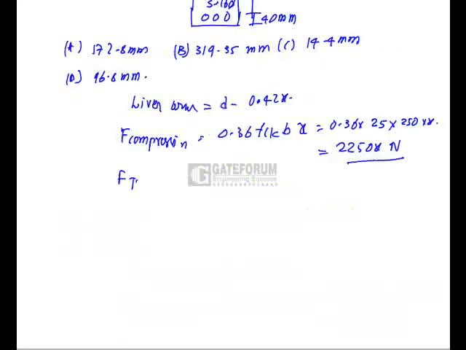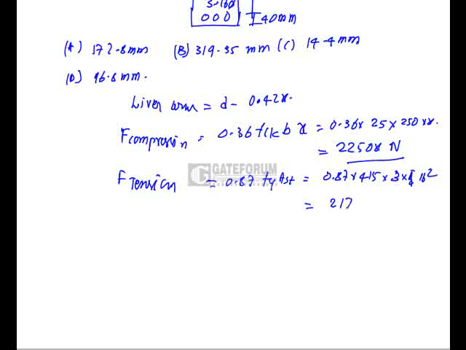Force in tension is equal to 0.87 fy Ast, that is 0.87 fy, number of bars 3 into pi by 4 d square, d square is 16 square, that is equal to 217700 newtons.